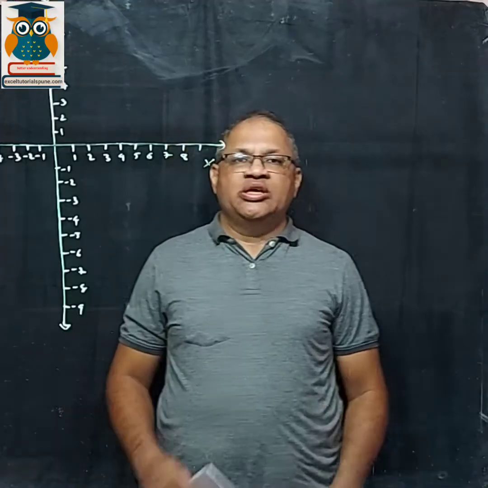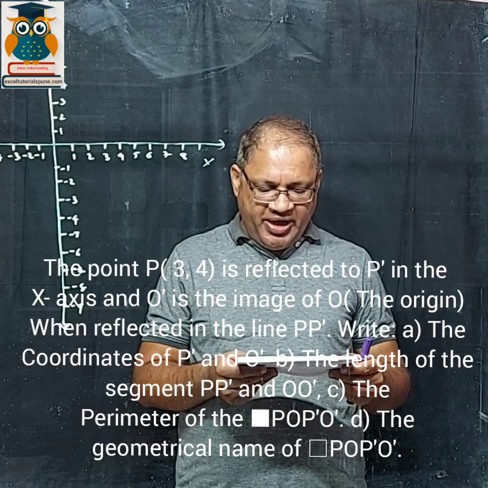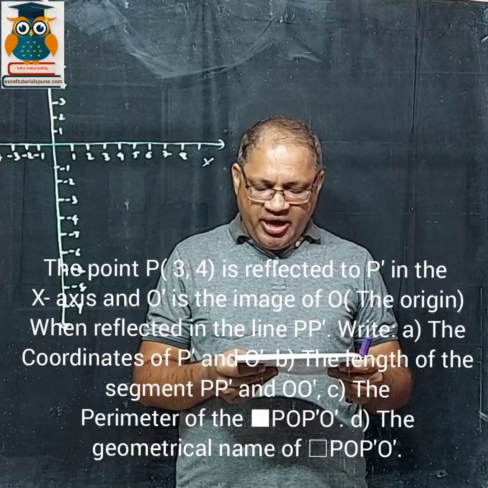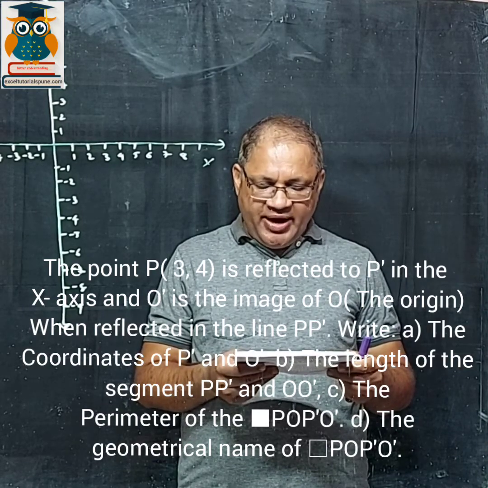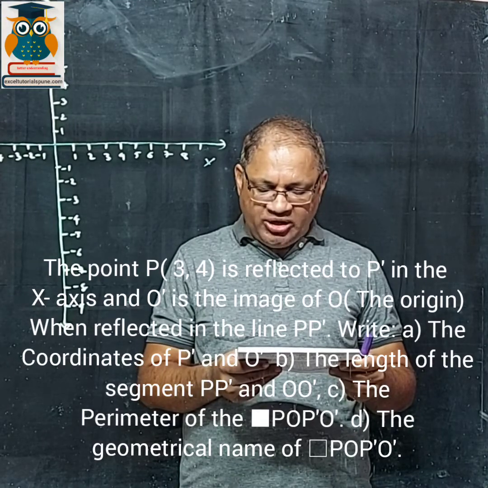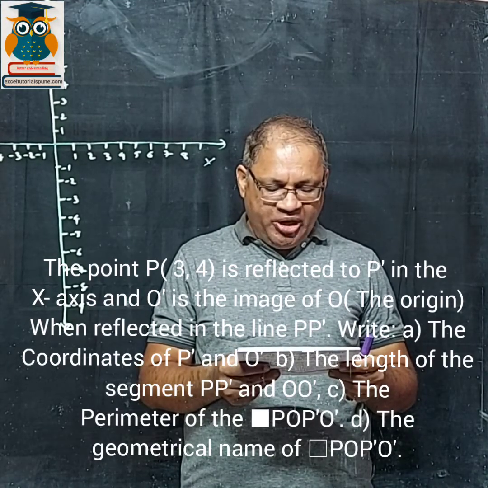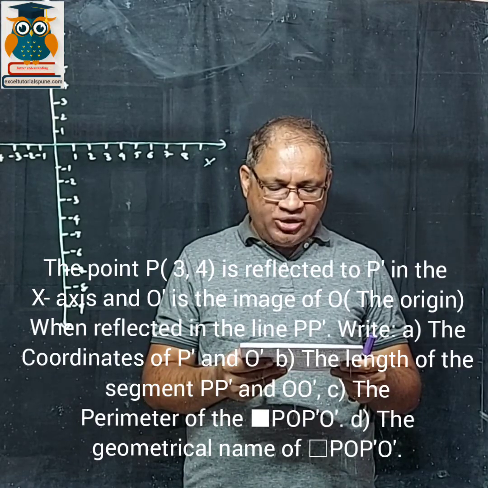Alright. The fourth sum. The point P 3, 4 is reflected to P dash in x-axis and O dash is the image of O, the origin, when reflected in line PP dash. Write the coordinates of P dash and O dash, the length of segment PP dash and OO dash, the perimeter of the quadrilateral POP dash O dash, D part, the geometrical name of the figure POP dash O dash.